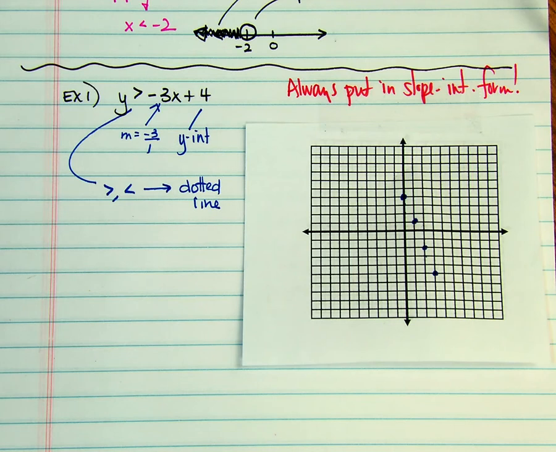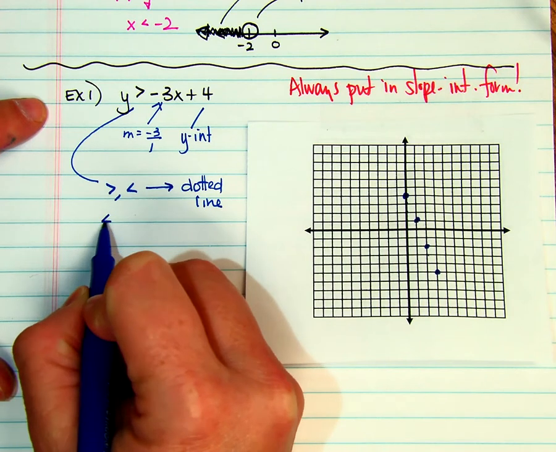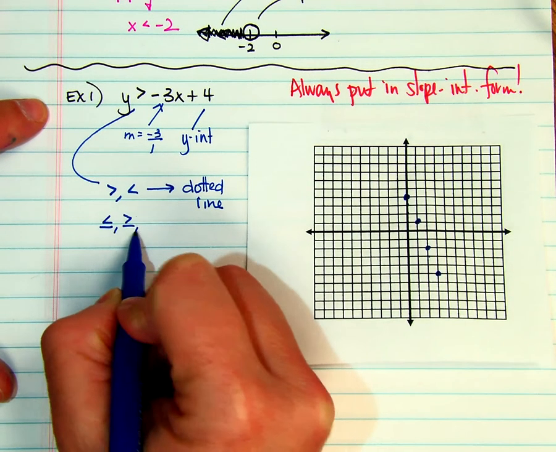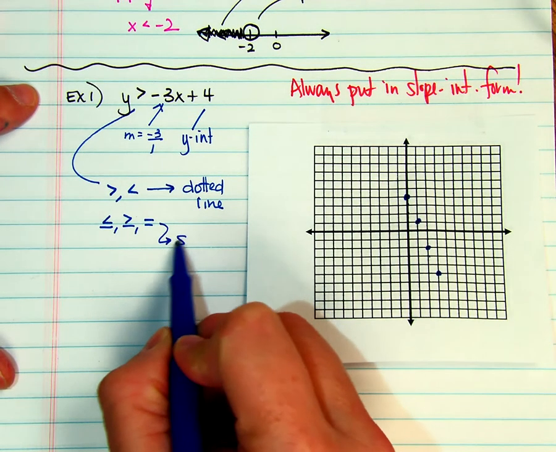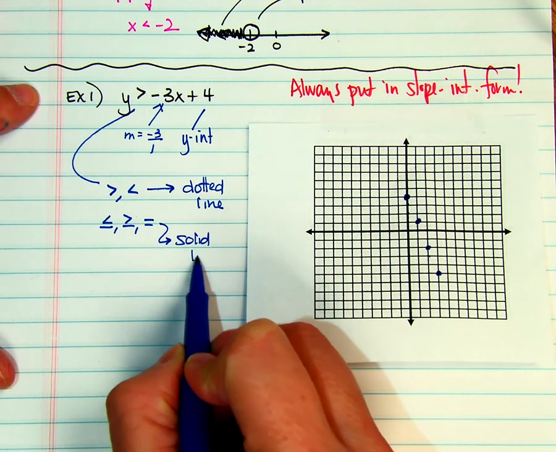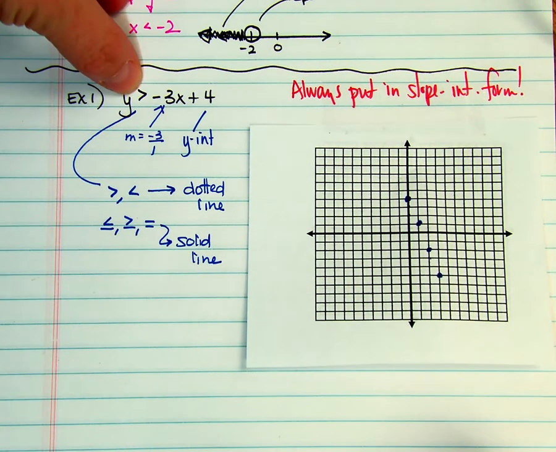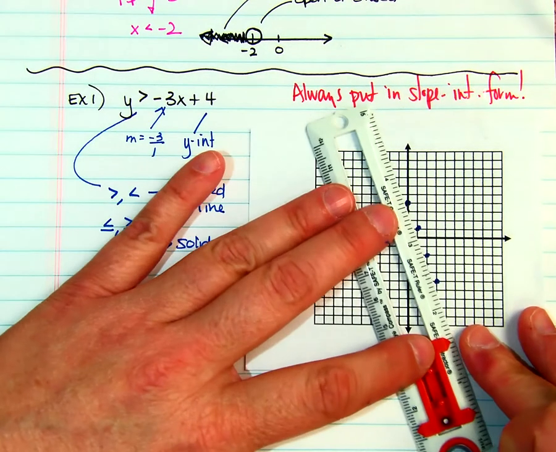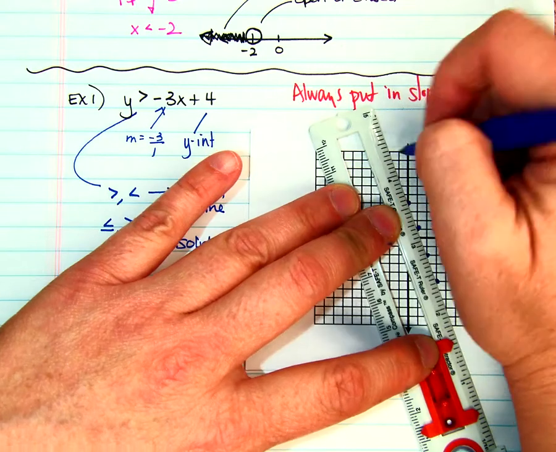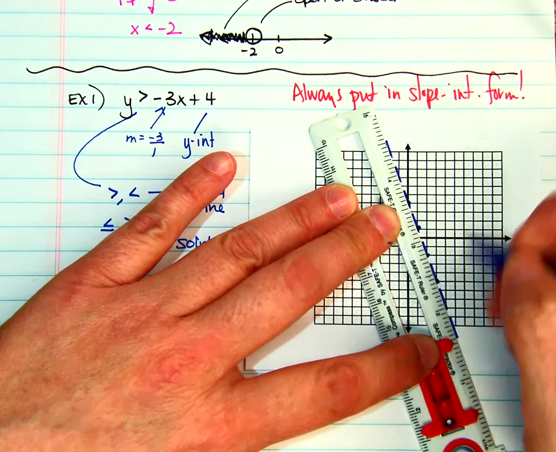So that is equivalent to the not equal to piece. If we have less than or equal to, greater than or equal to, which is what we've been doing so far, that's where we have a solid line. So I'm looking at this. It's going to be dotted because I do not have the equal to piece. So I'm going to lay my straight edge up here, and I'm going to dash it or dot it, however you want to think of it.